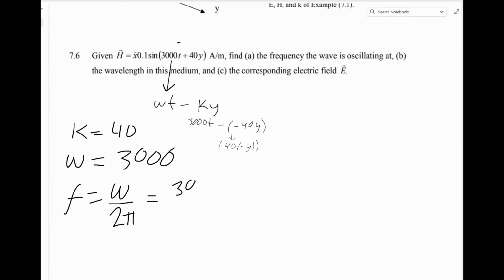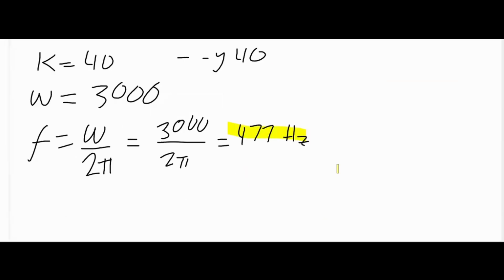So this will just be 3,000 over 2 pi, and that equals 477 hertz. So our frequency is going to be in hertz. This is the first thing we found, so I'm just going to go ahead and highlight it to get that out of the way.